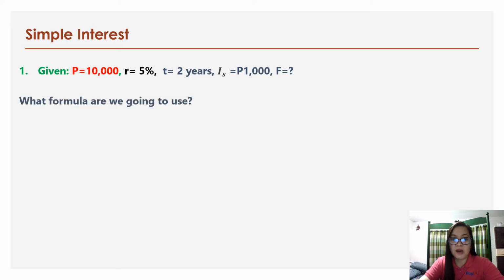What formula are we going to use? Since we have 3 formulas here, we're going to use either of them. We can use F is equal to P plus I sub s, because P is present, I sub s is also present. We can also use F is equal to P plus PRT, because P is given also, R is given, and time is given.